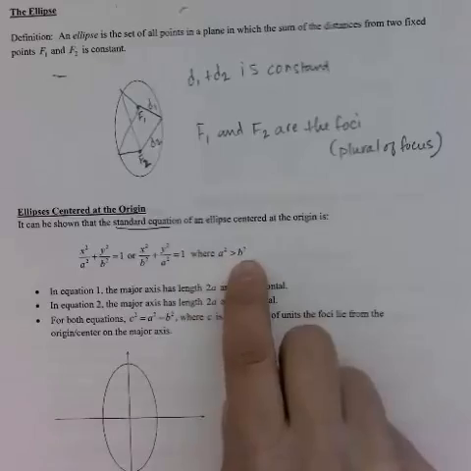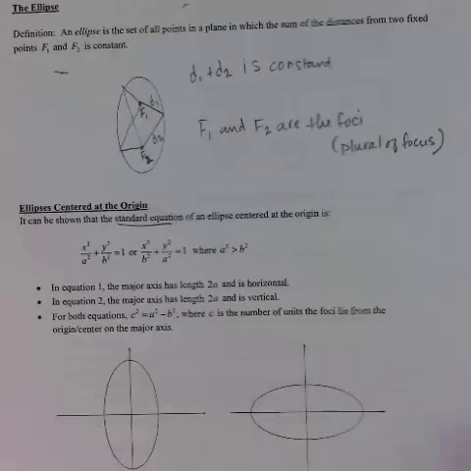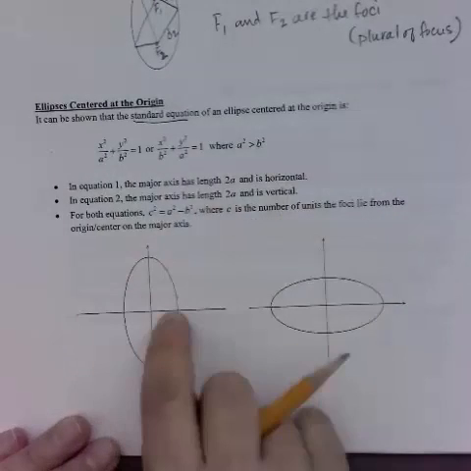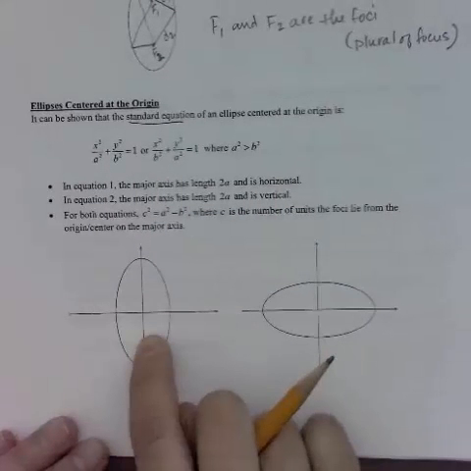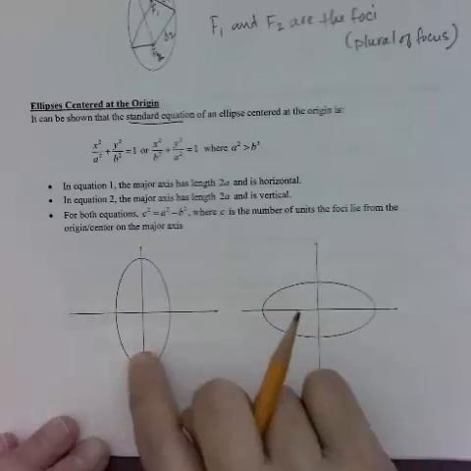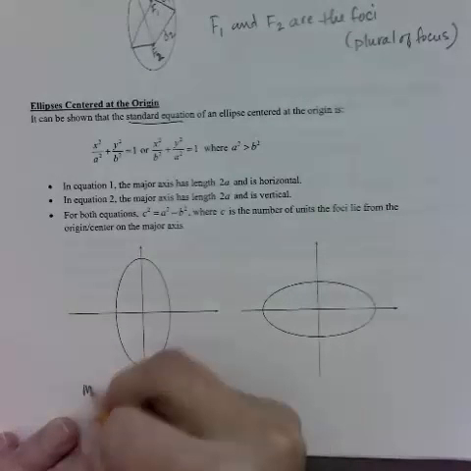So when we set it up this way, then the major axis, the long axis. So this is the major axis, this is the minor axis of this ellipse, and so we would say the major axis here is vertical, whereas here the major axis is horizontal, right? Let me write that down.